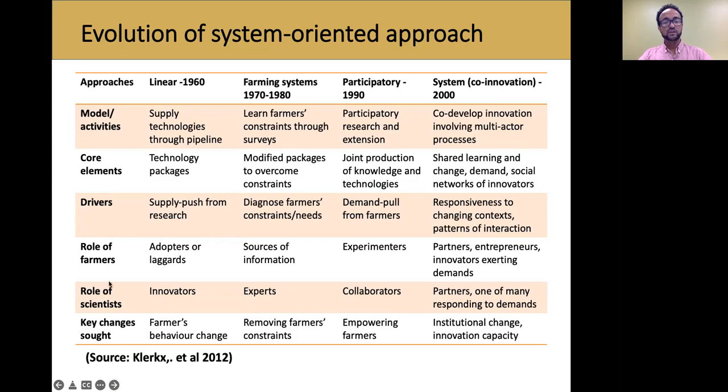The most interesting thing I would like to discuss with you here is the role of farmers and the role of scientists, and how it has been changing through time across these different approaches. If you look at the role of farmers, they were considered only adopters.